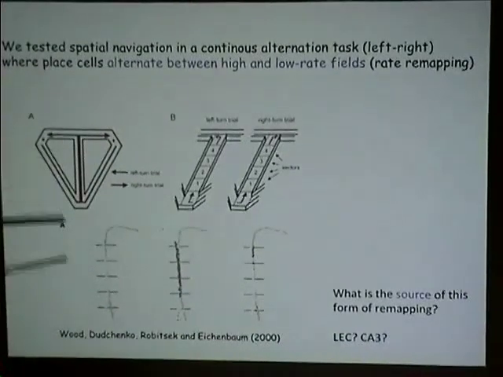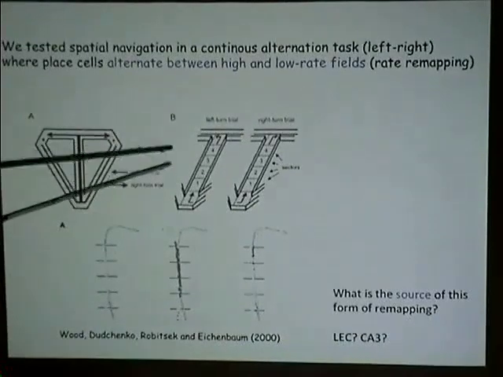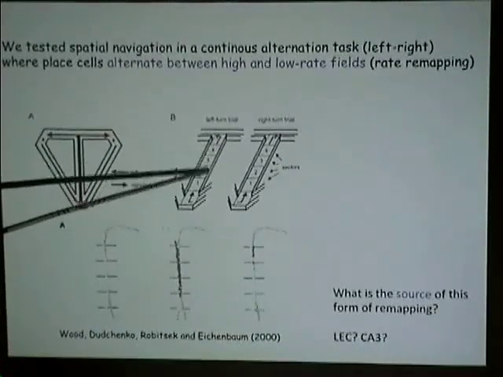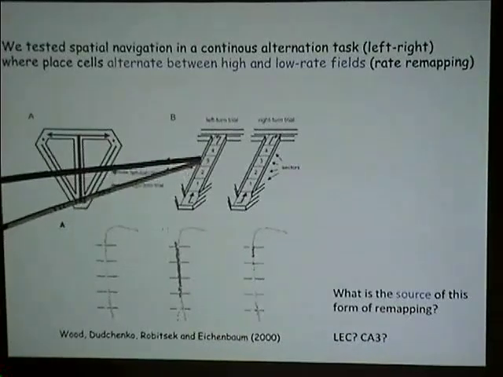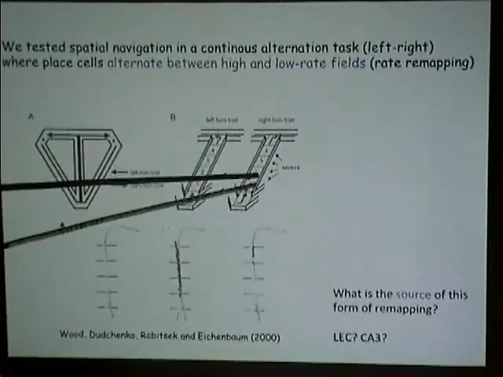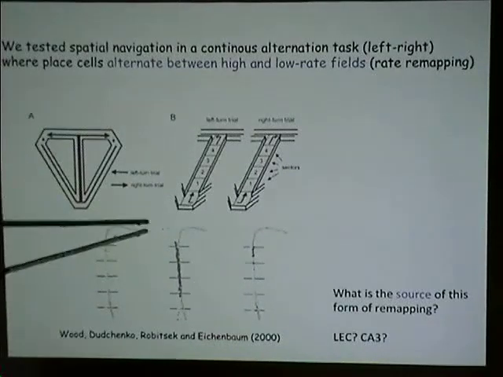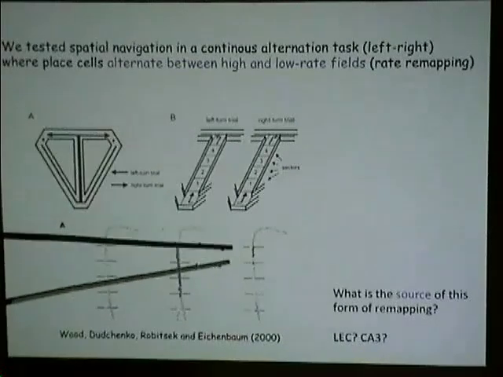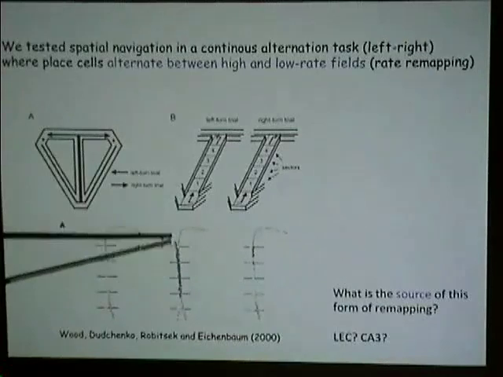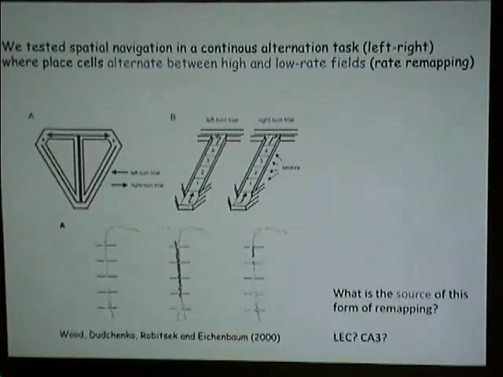What they observed is that on this common stem, firing rates on left turn trials were quite often systematically different from those on right turn trials, or vice versa. So this is a kind of rate remapping because the firing fields usually occur in the same places, but are much stronger in one trajectory than the other.